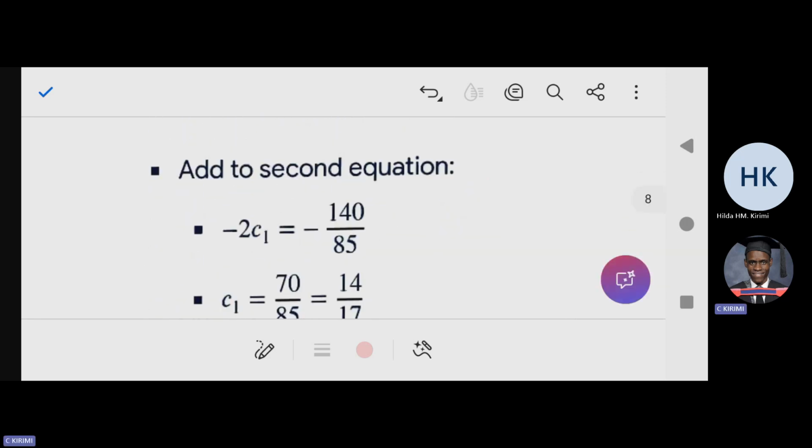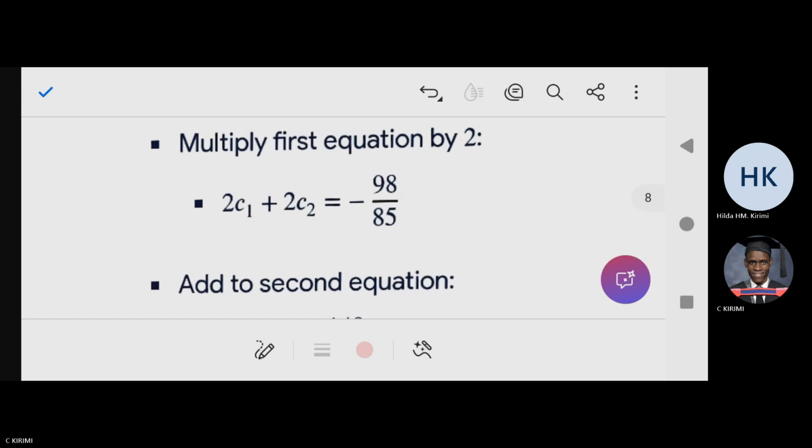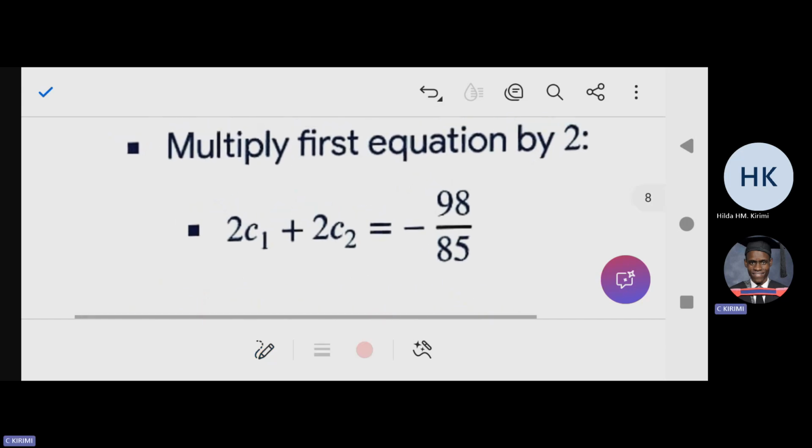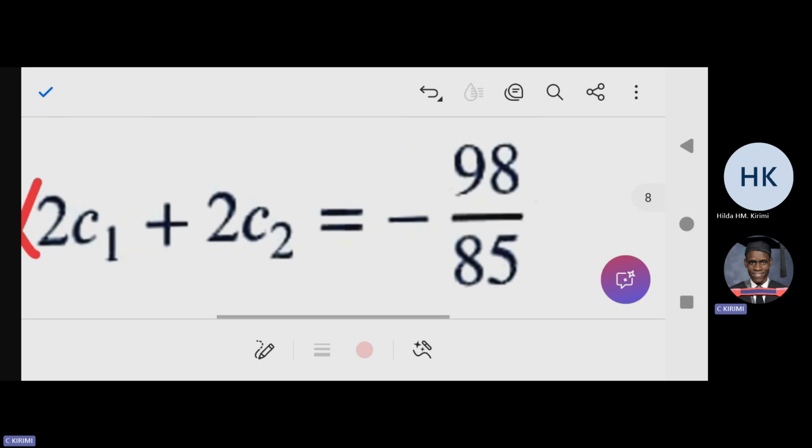Where did they get these values? Multiply each term by half. You want to substitute, so you come and multiply here. This equation times half. You also multiply that equation times half, times 1 over 2.